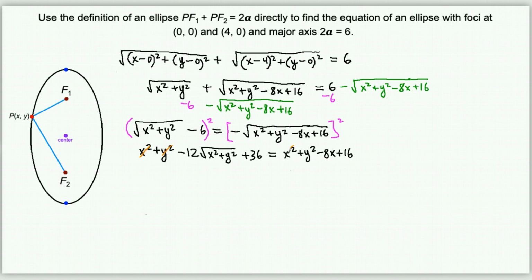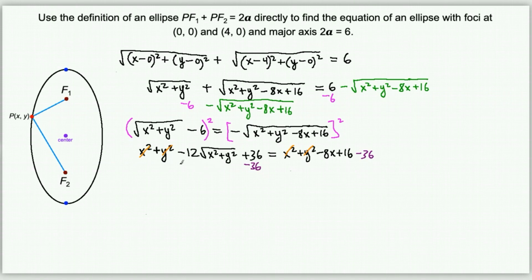So these are gone, notice, because they're the same terms. Let's move the 36 to the right side. Let's subtract that, and let's actually keep this square root here.